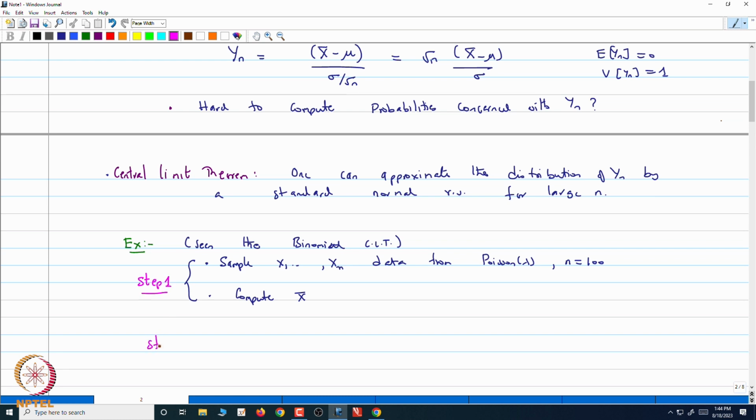Step 2 is you repeat step 1 100 times and plot a histogram, by which I mean plot the x bar histogram. That will try to show you that the histograms at least look like the Gaussian histogram. You can try this exercise. This is an R exercise you can try.